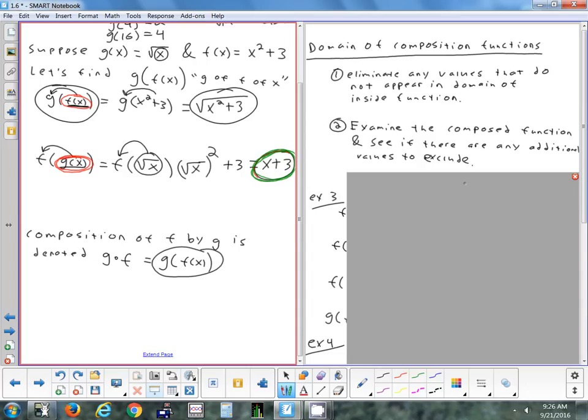Did I create something that all of a sudden is going to have a divide by 0, and that didn't happen before? Did I create a square root somehow that I didn't have before? So look at the composed function and ask yourself, is there anything else I need to be careful with? If there is, we would eliminate those values as well.